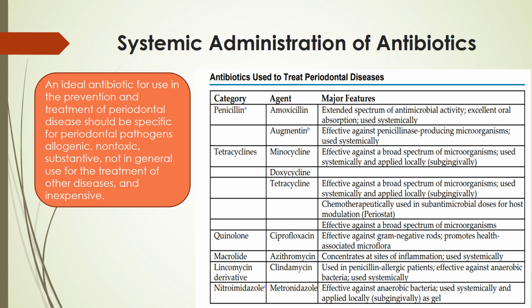So there is the Augmentin, a combination of amoxicillin and clavulanate potassium. And coming to the metronidazole group, it is mainly indicated against the anaerobic bacteria. So it's used in localized aggressive periodontitis, generalized aggressive periodontitis, refractory periodontitis, as well as for necrotizing ulcerative periodontitis.